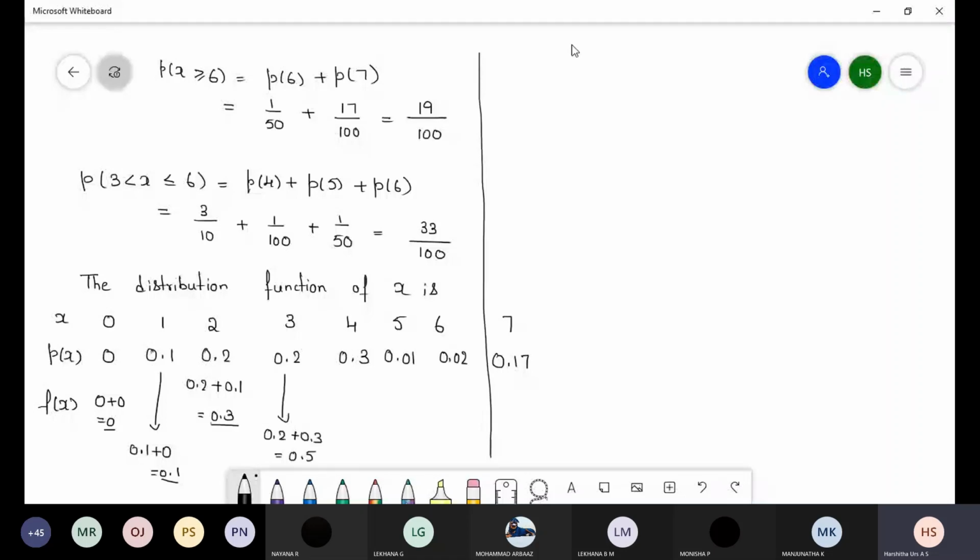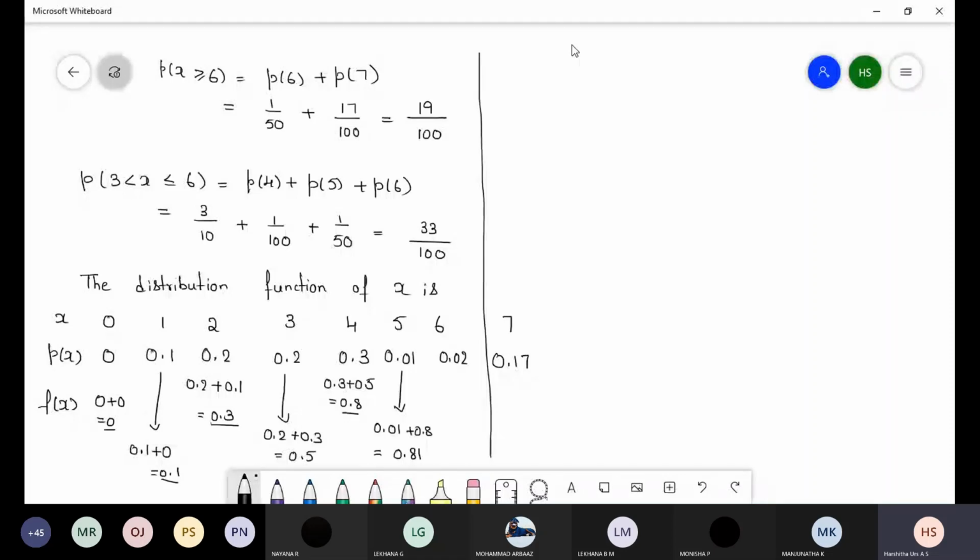Here 0.3 plus 0.5, so we get 0.8. You can write in the normal table, because here for me there is no space, so I am writing by putting the arrow mark. So you should not get confused. So here p of x means 0.01 plus new value 0.8, so we get 0.81.